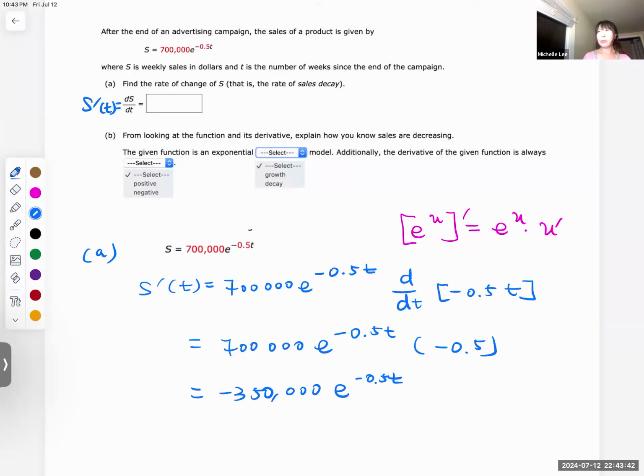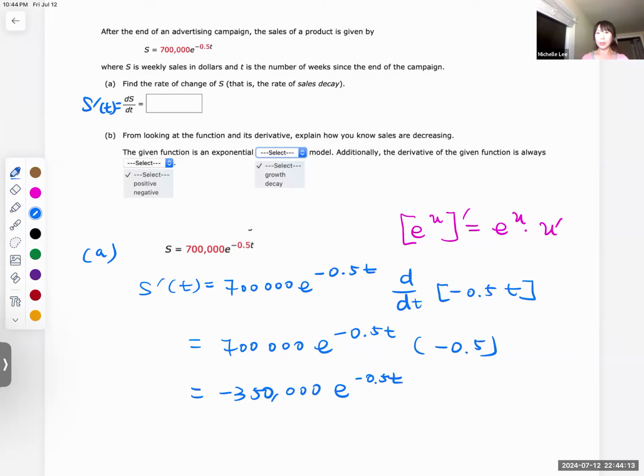Okay, now they ask us this one. From looking at the function, explain how you know sales are decreasing. The function is an exponential decay model because we get what?